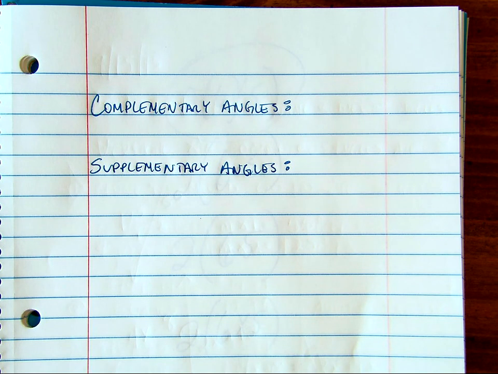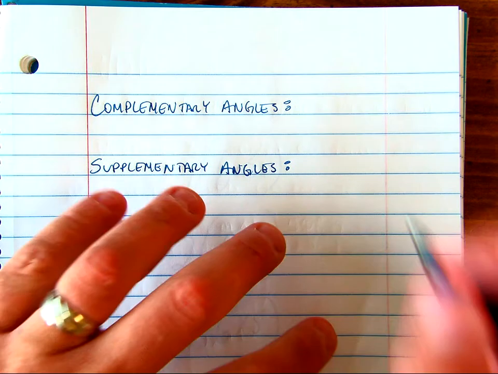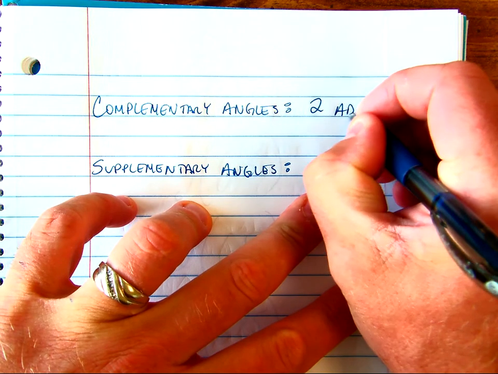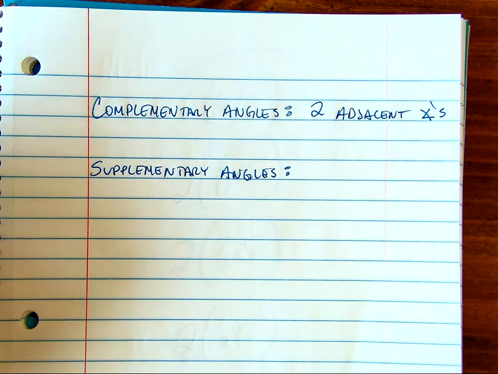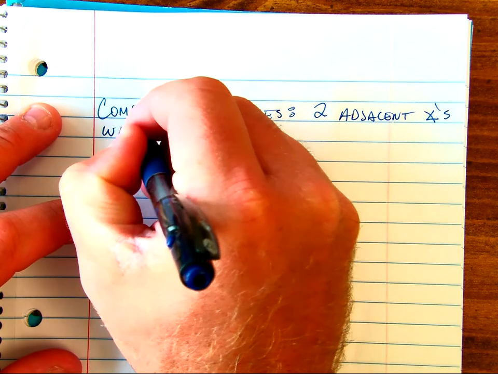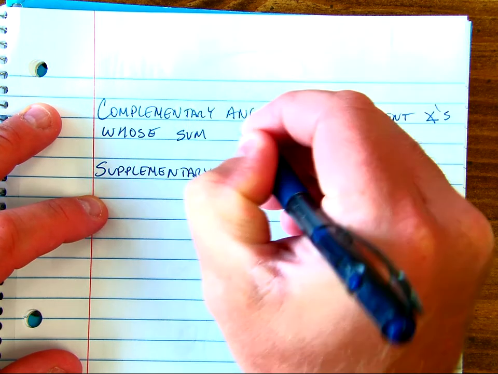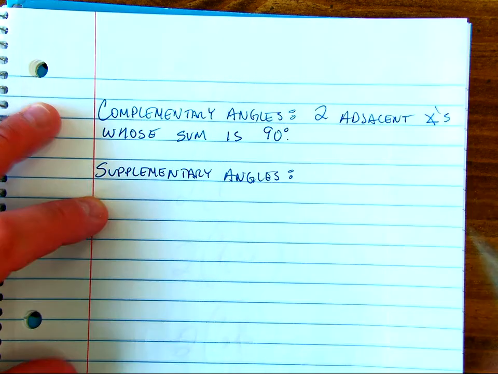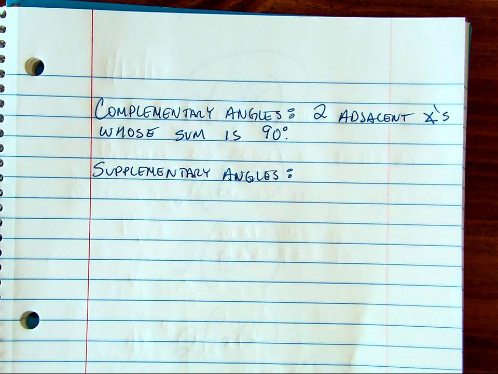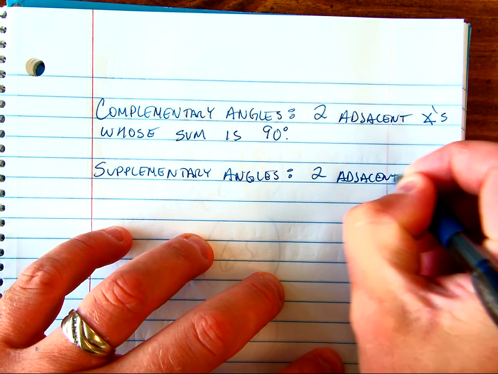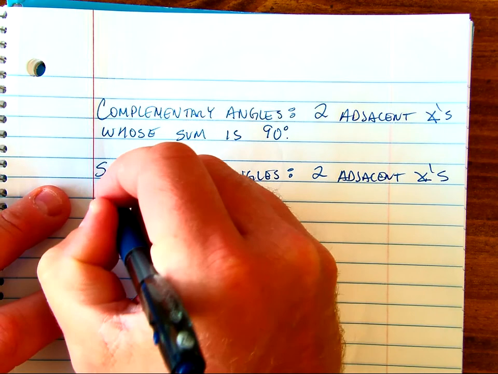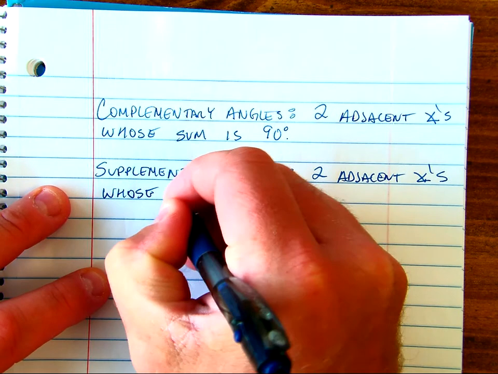Supplementary and complementary. Complementary, two adjacent angles whose sum is 90 degrees. Supplementary, two adjacent angles whose sum is 180 degrees.